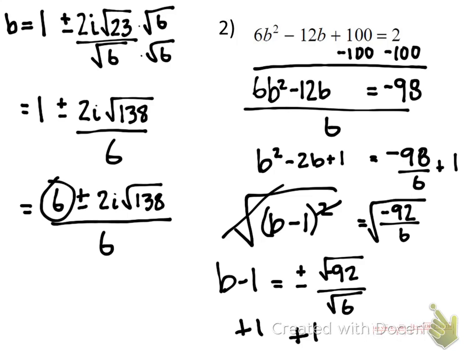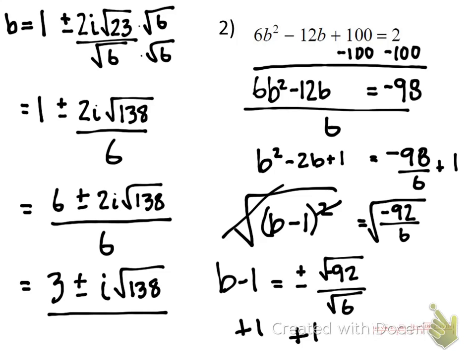This 6, this 2, and this 6 have a common factor of 2, so 6 divided by 2 is 3, plus or minus 2 divided by 2 is 1, or just i. Rad 138 over 3. And those are your two answers. And let's see if I'm right here at the bottom. Yep, right down here at the bottom you could tell that those are your answers for numbers 1 and 2.